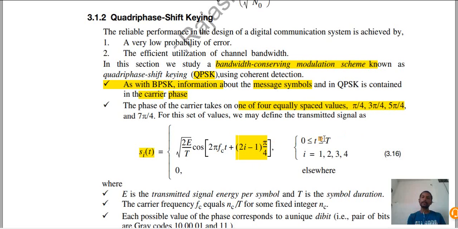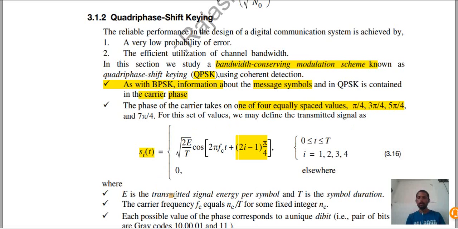This holds for t greater than or equal to 0 and less than or equal to T, for i equals 1, 2, 3, 4, and for other durations it is equal to 0.